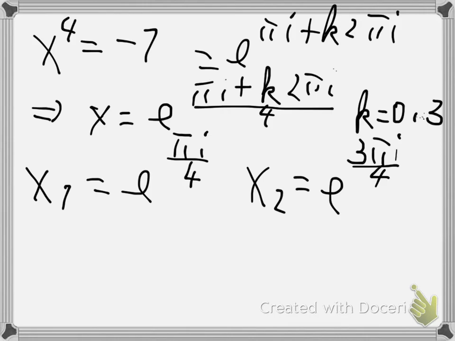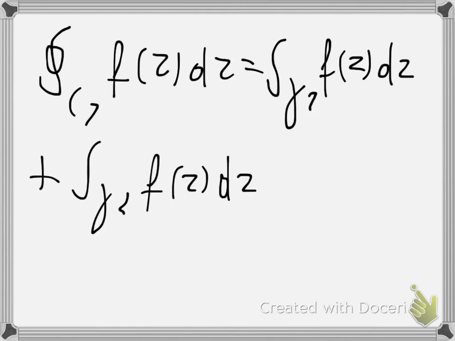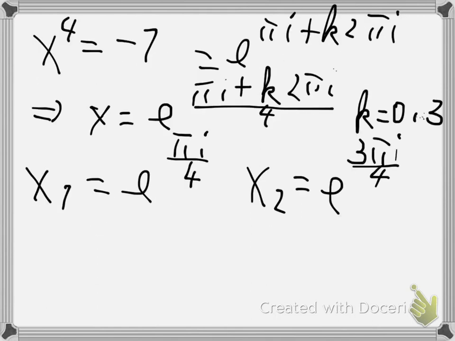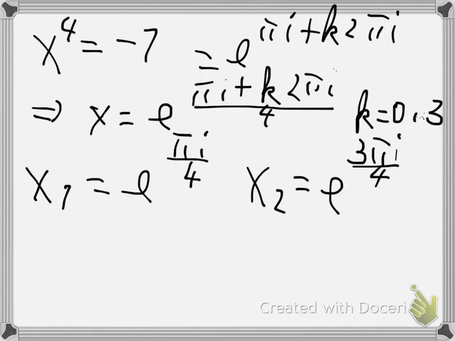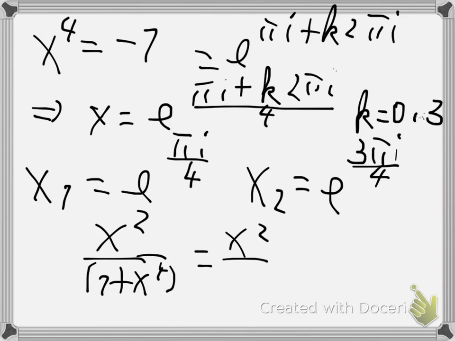And so the residue theorem states that our integral is equal to 2 pi i times the sum of the residues. Our first residue will be x squared over the derivative of the denominator, so it's x squared over 4x to the third power, and that is equal to 1 over 4x.